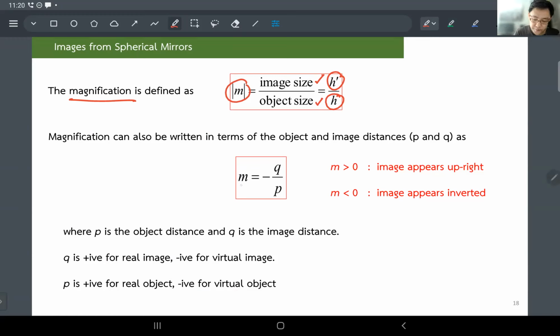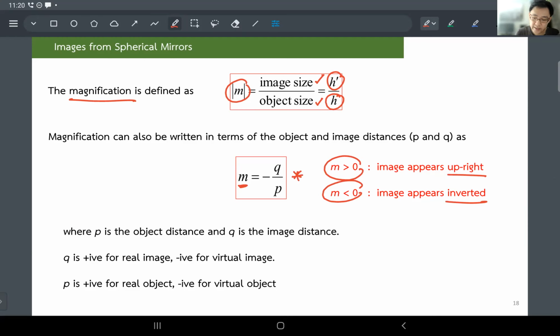But if you memorize this formula with a negative sign in front, it will help you later, as I will show you. If M is positive, you have an upright image. If the M you calculate has a negative value, it represents an inverted image. So it's good to take this formula instead of just an absolute value.